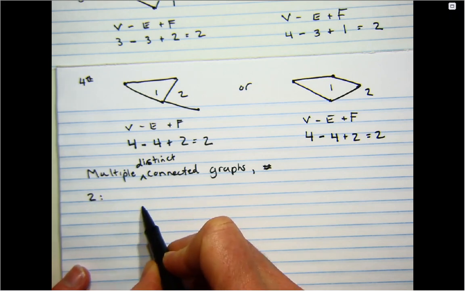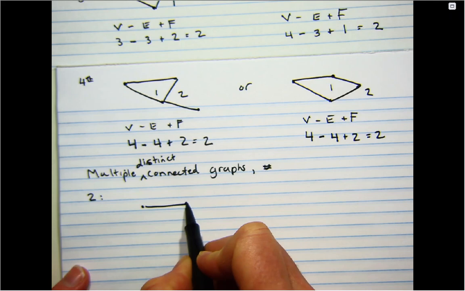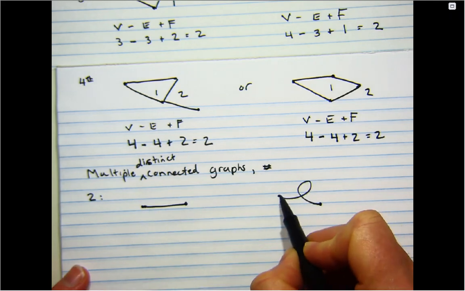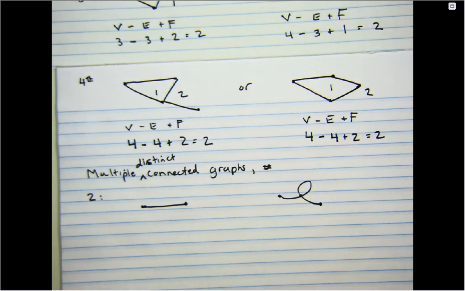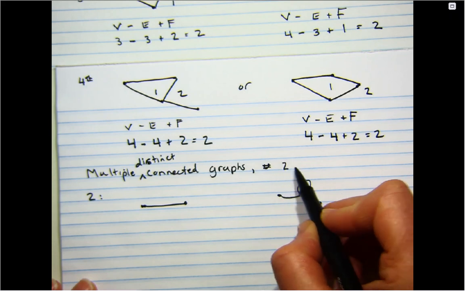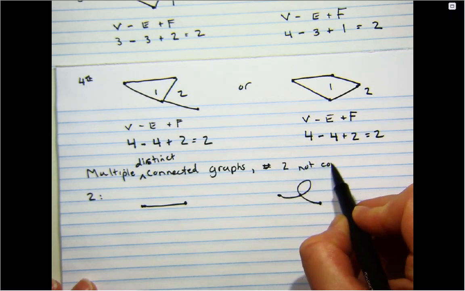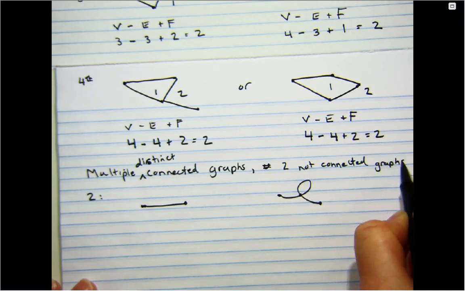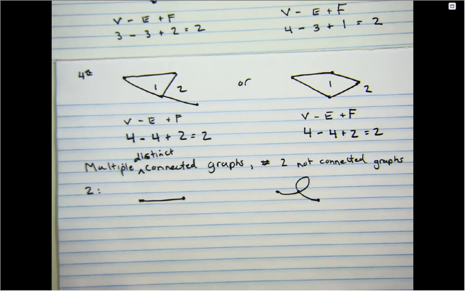So if there's 2 of them, suppose we make a real simple one and another one. And now we look at these 2 graphs which were not connected.